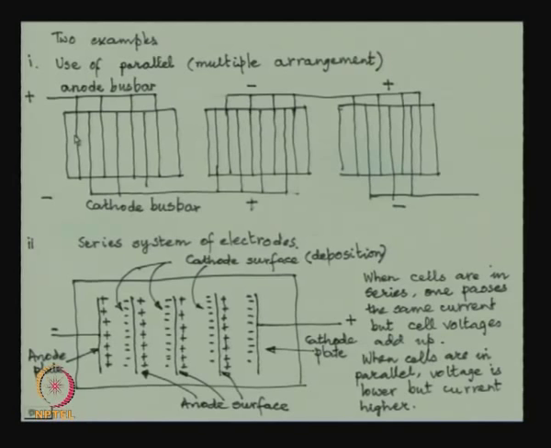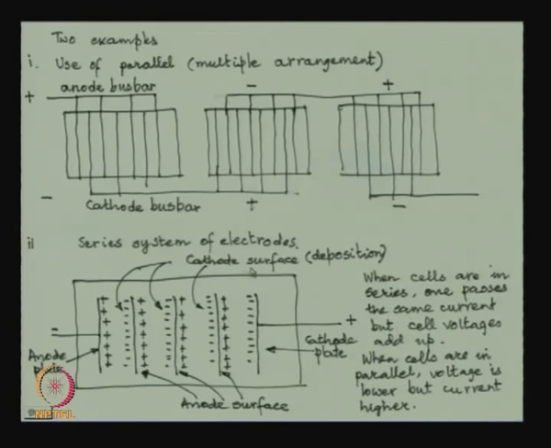Now, here what is happening? You have a cathode and anode which constitute a cell, then also you have an anode and cathode which constitute a cell, so it goes like that. So, we have a series parallel arrangement which has its own advantages. It is a compromise between parallel and series arrangement.